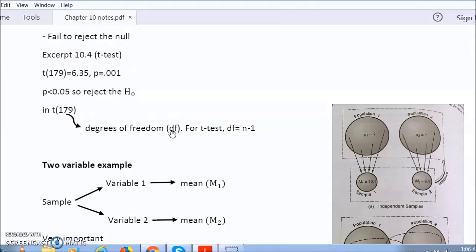The degrees of freedom for a t-test is calculated by taking the total n, which is the number of data points in your sample, and subtracting 1. So the degrees of freedom would tell you that the sample size for this t-test was 180. That is what was looked at for the sample size.